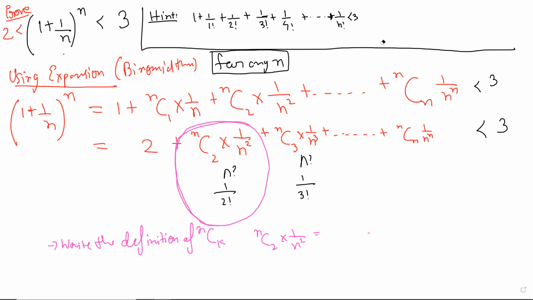Let's write that. So it's n factorial over 2 factorial times (n minus 2) factorial. Okay. No, but if you cut it, and then there is n square, right? Yes. So then you get n into n minus 1 by 2 into n square, right?